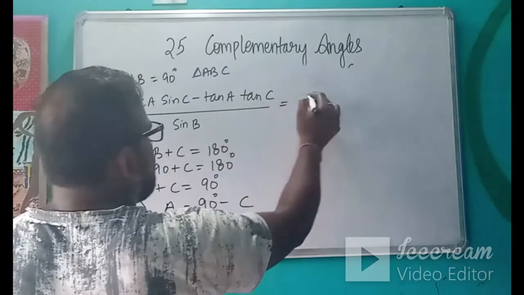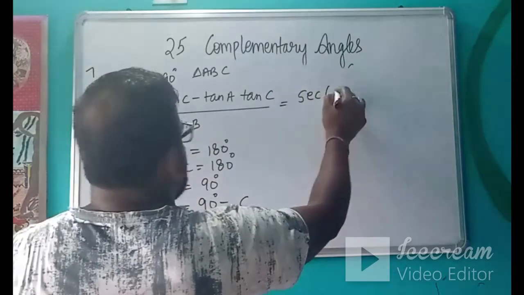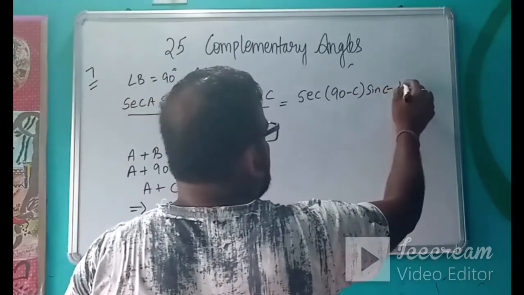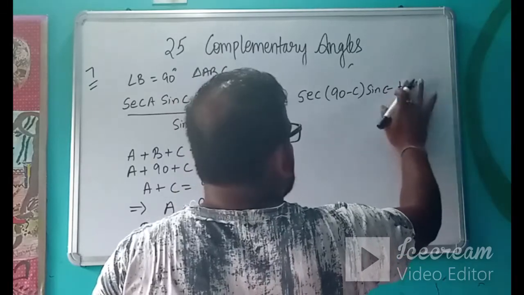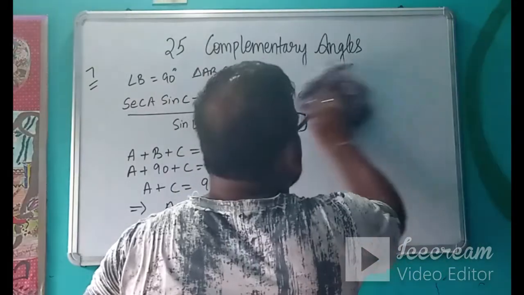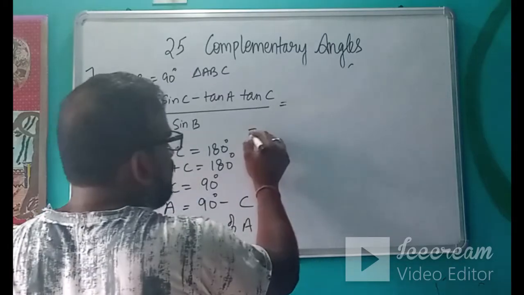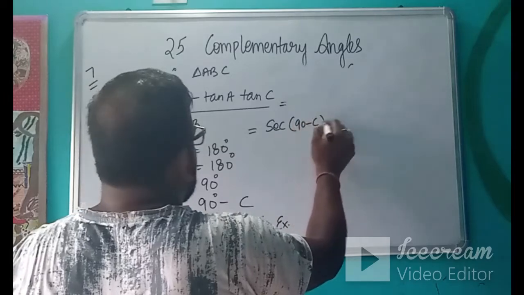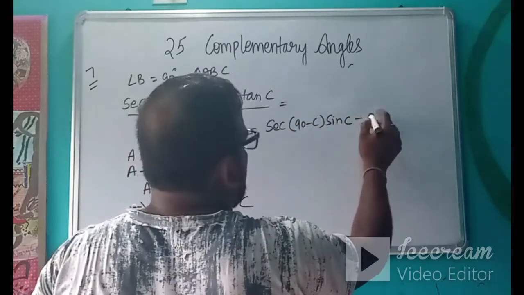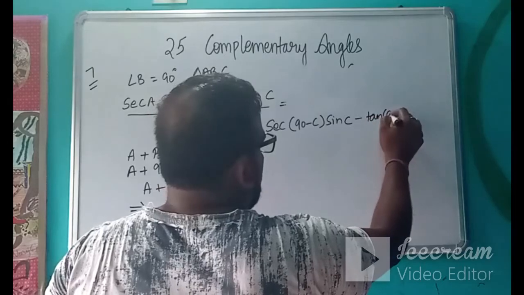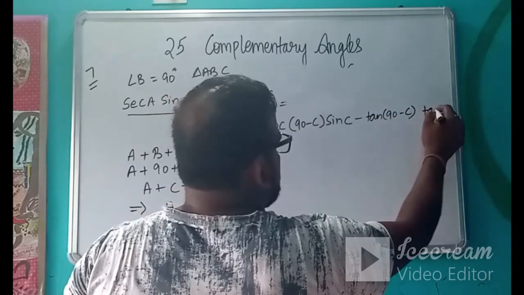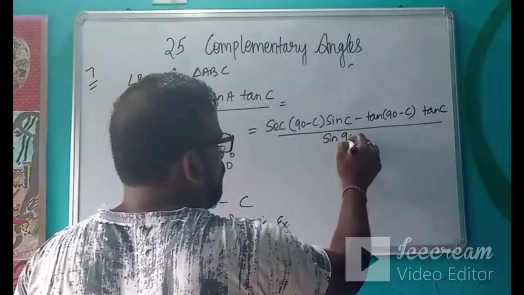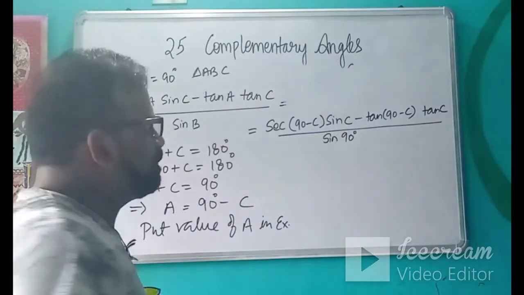So what I will get, sec 90 minus C into sin C minus tan A. Okay, here I am writing. So it becomes sec 90 minus C sin C minus tan 90 minus C tan C, and B is already given as 90, so we will not do anything, we will just write sin 90 degree.